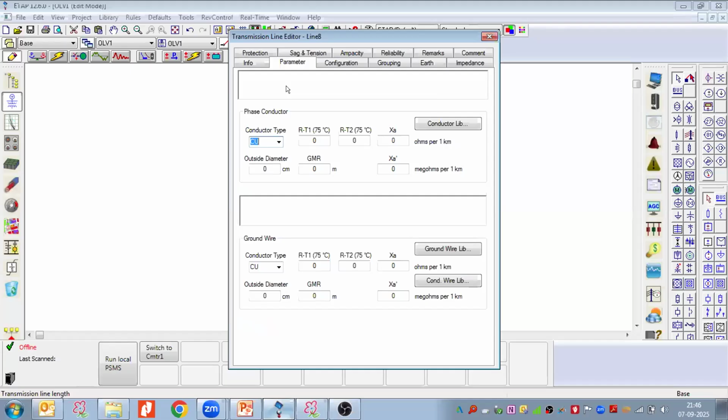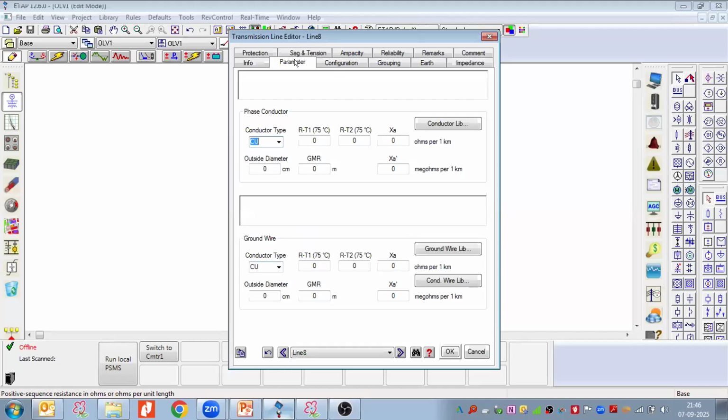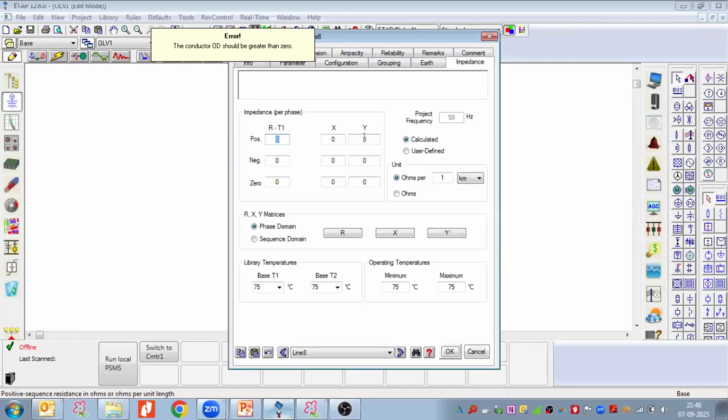Then for the parameters, here we can define the conductor parameters of the transmission line, or either go directly with the impedance. If we select the parameter option, ETAP will automatically suggest the conductor impedance, but instead of taking that, we can also define it based on our project transmission line parameters over here.